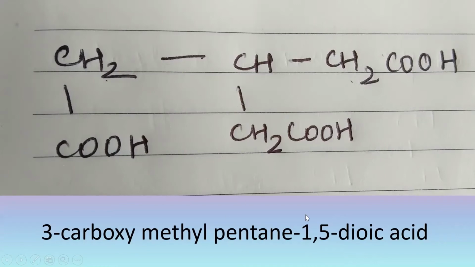So we don't make the name pentane 1, 3, 5 dioic acid. No, you write the name as 3-carboxymethyl pentane 1, 5 dioic acid when not every one of the principal groups is directly attached to the main parent chain, and one of them behaves like a substituent. That's nothing but the middle one.